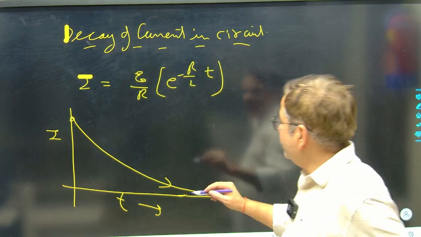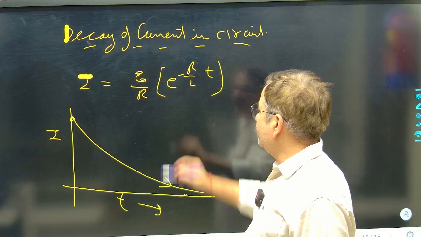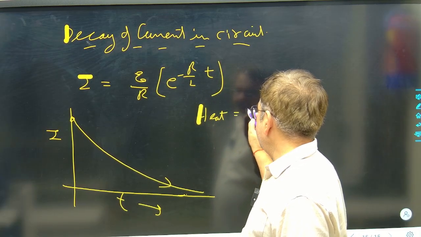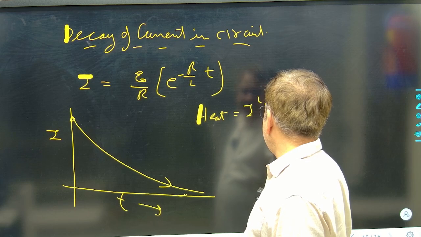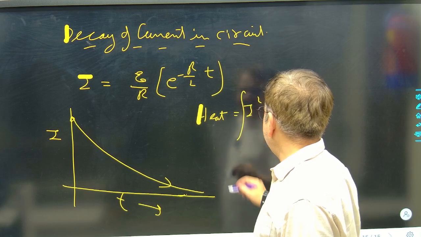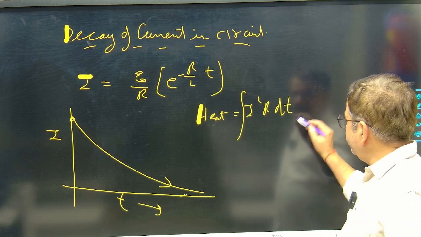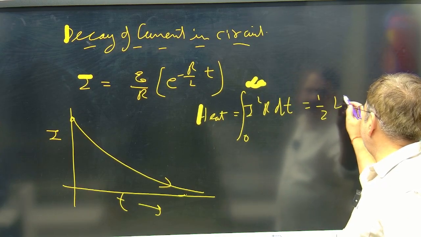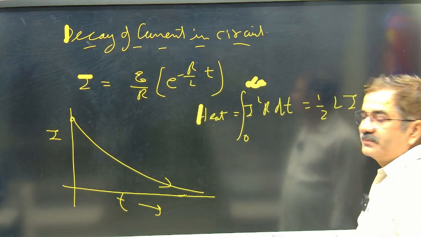And for the heat produced, just see what the energy was. The heat produced during the decay will be the integral of I squared R dt, from 0 to infinity, and you will get it equal to half L I squared.